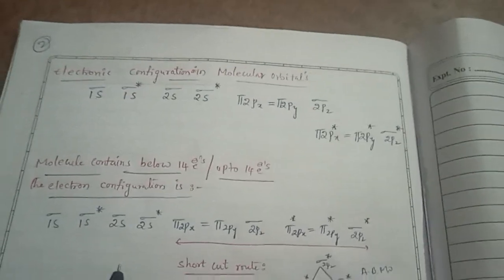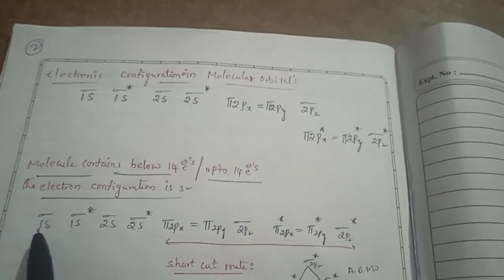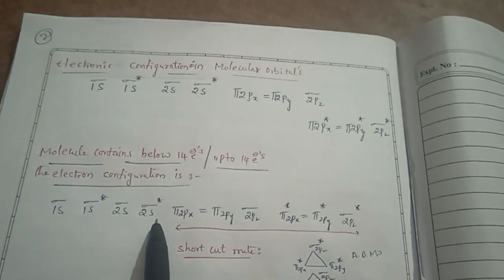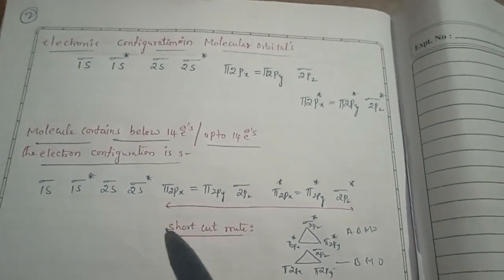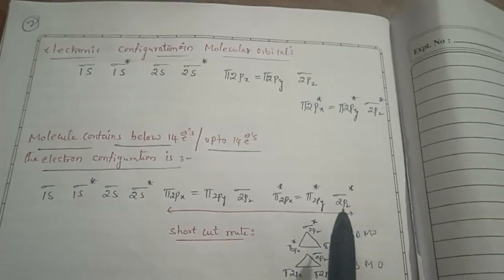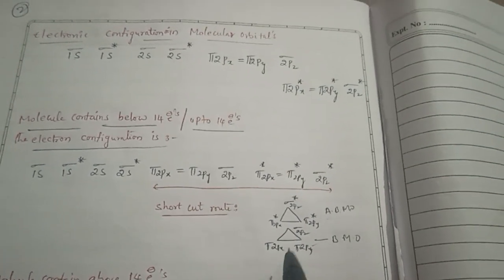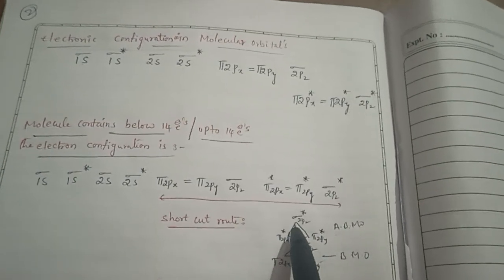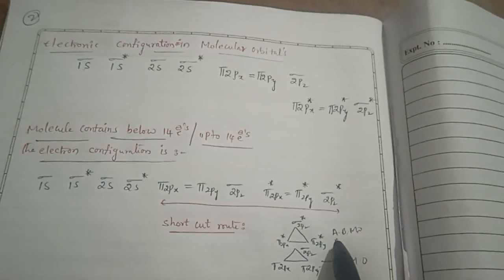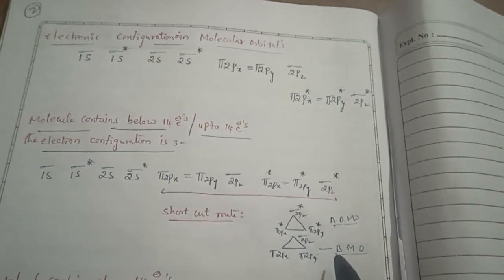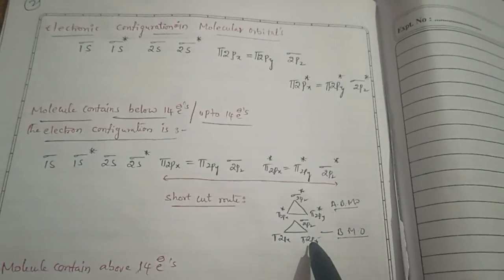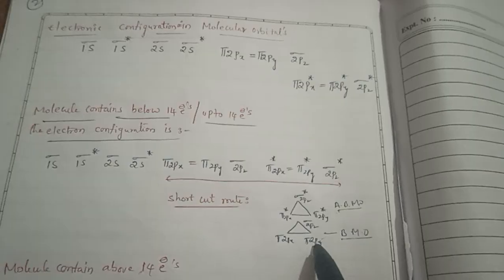You see, for up to 14 electrons, the first 4 orbitals are the same for every molecule's electron configuration, and only the p orbitals differ. The p orbitals are 3, so I make them a triangle. The anti-bonding molecular orbitals I also make as a triangle. The bottom two are degenerate, meaning equal energy.